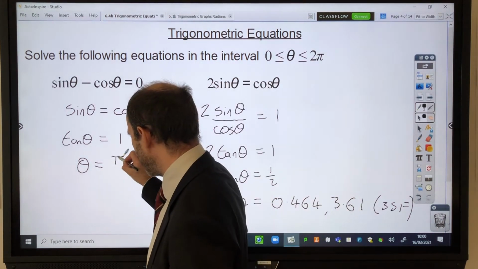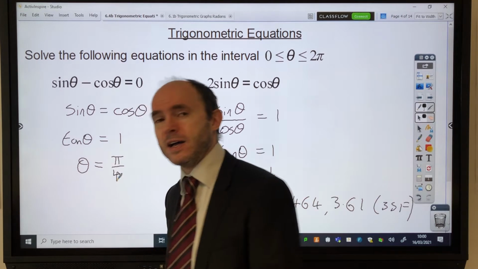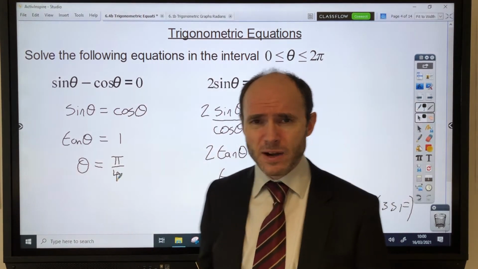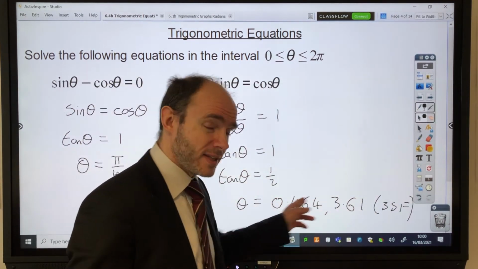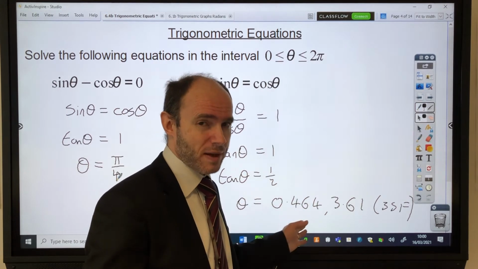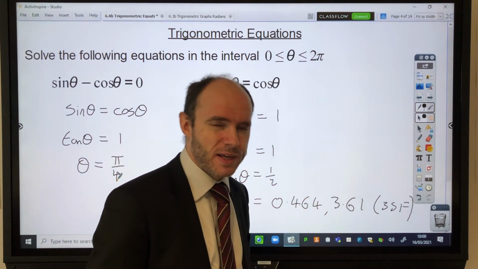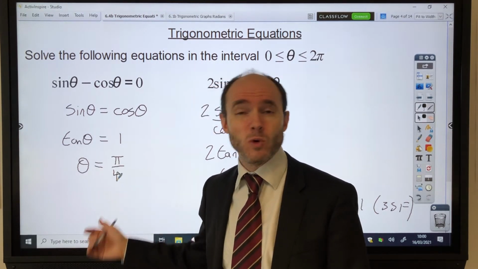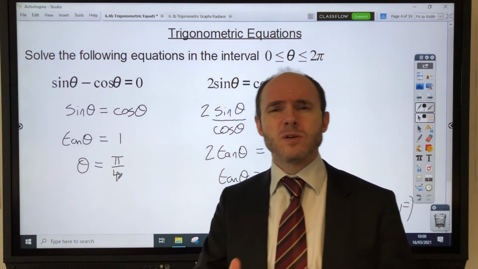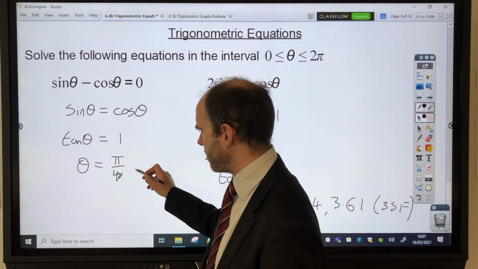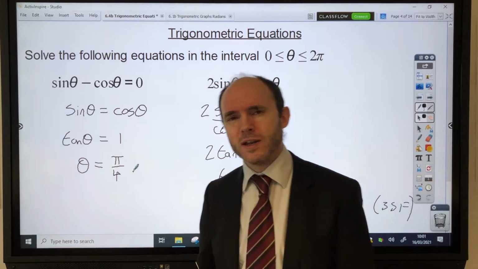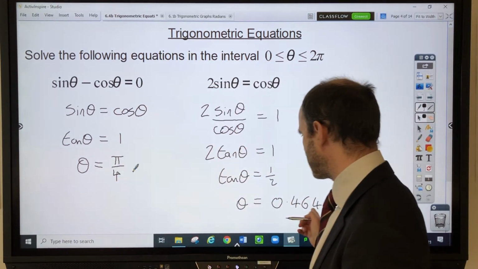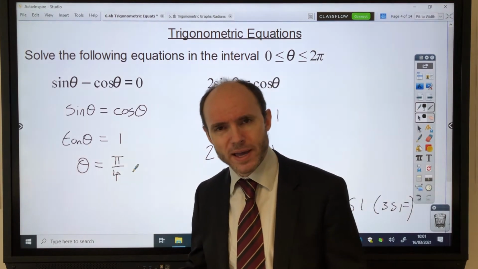So this time, we can write our answer as a multiple of pi. Now, if it's not possible, then decimals are, of course, what we have to do, and round it appropriately. However, if you can write your answer as an exact multiple of pi or fraction of pi, that is the preferred approach. So we write pi over 4. And then what do we do to get our next answer? Exactly the same as what we did here. We add on pi again.